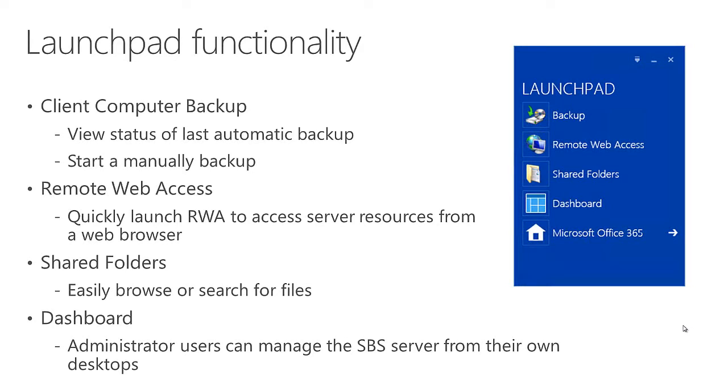So again, this can be handy for folks who maybe come in and out of the office or are out of the office quite a bit and they don't leave their laptop or what have you in the office overnight or during that window of time. And so they want to come in maybe for a meeting, they go ahead and get their computer connected to the network and they start a manual backup, go have their meeting. When they come back, the backup is completed and off they go.